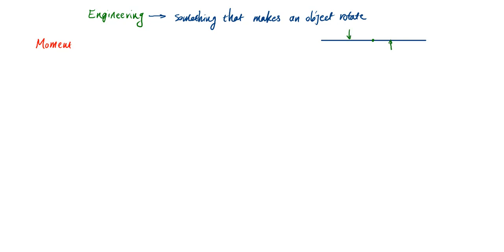We apply a torque to this, apply a moment to this, and it rotates around the center. Right? That's a moment, or in a better way, moment or torque. That's what we apply to an object to make it rotate.